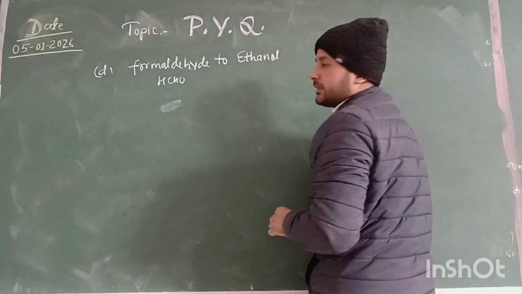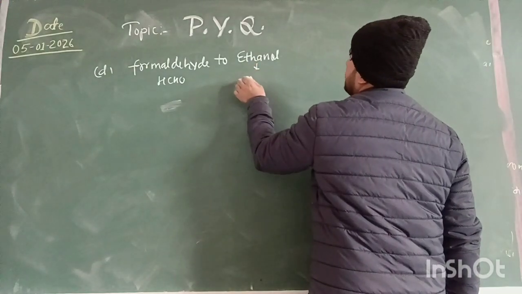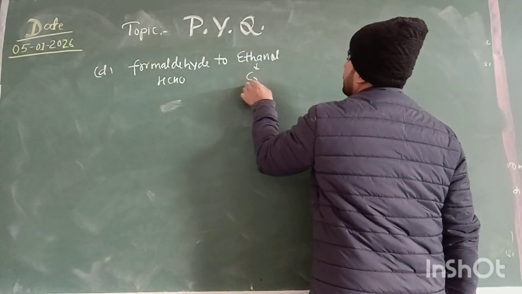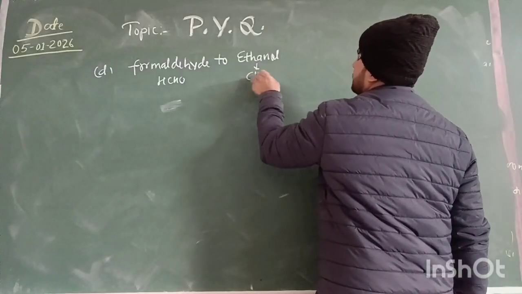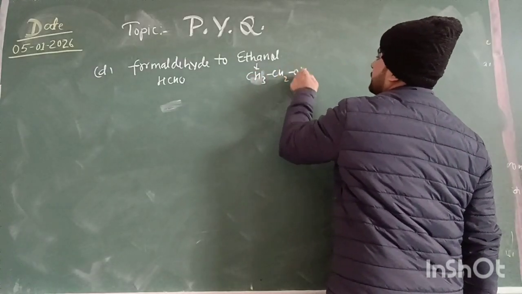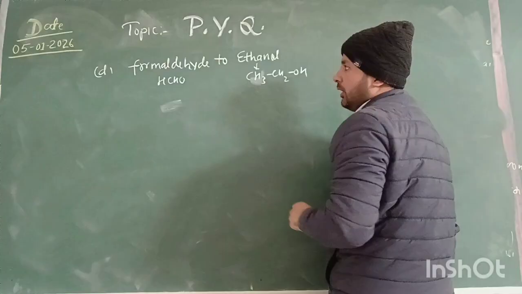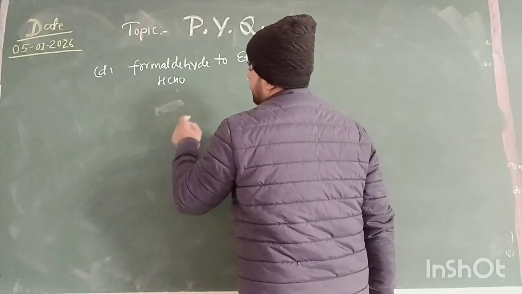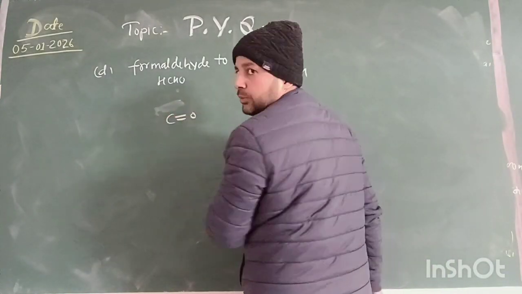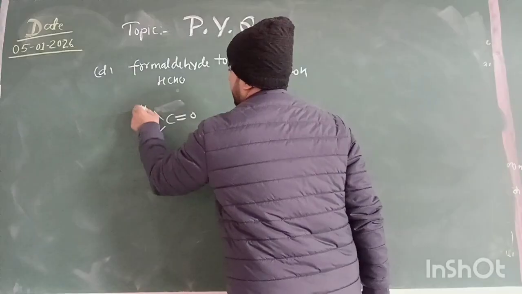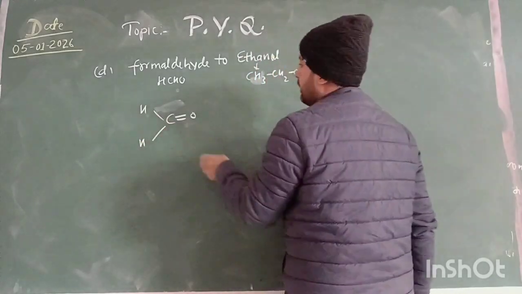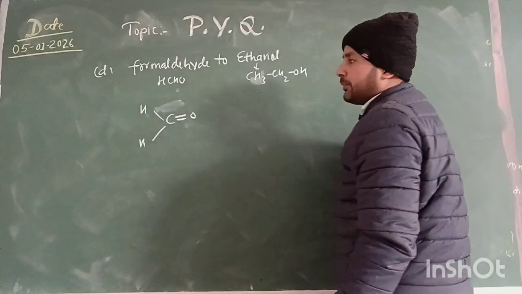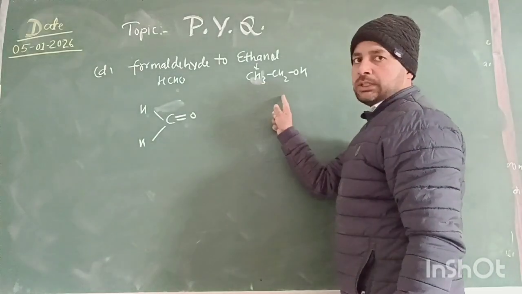It is an aldehyde compound, and ethanol is CH3CH2OH. This is ethanol. Okay. Formaldehyde we can also write like this. It is a carbonyl compound. So first of all, we have to convert formaldehyde into ethanol.